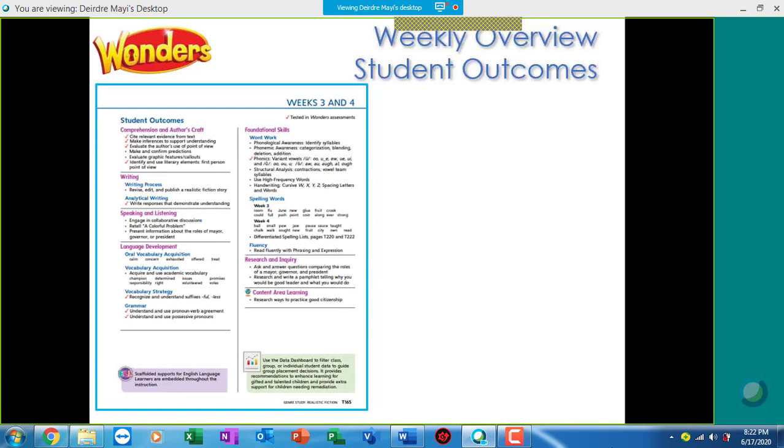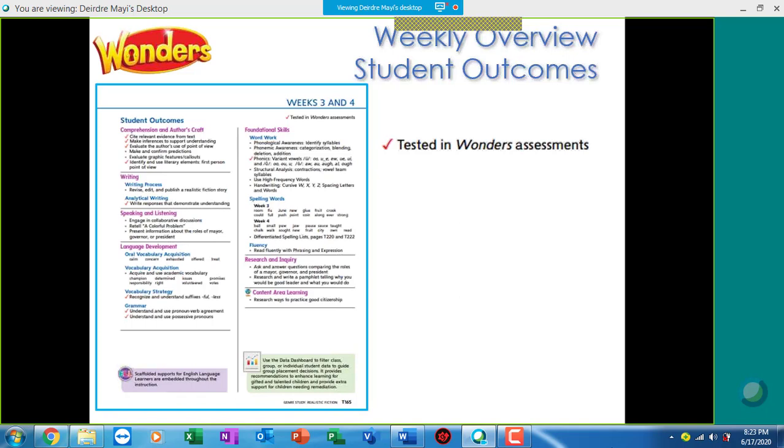You'll see outcomes for foundational skills, for research and inquiry, even content area learning. Now, anytime you see a red check next to any content on that student outcomes page, that means that this is content that will be tested in Wonders, okay?